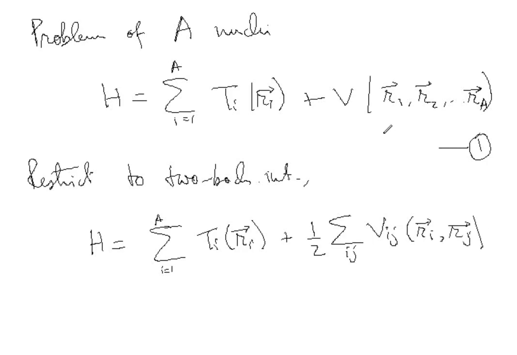Okay, so you see the simplification from here. So this was the general potential. From there, because of the result of two body interaction, we are having this term.